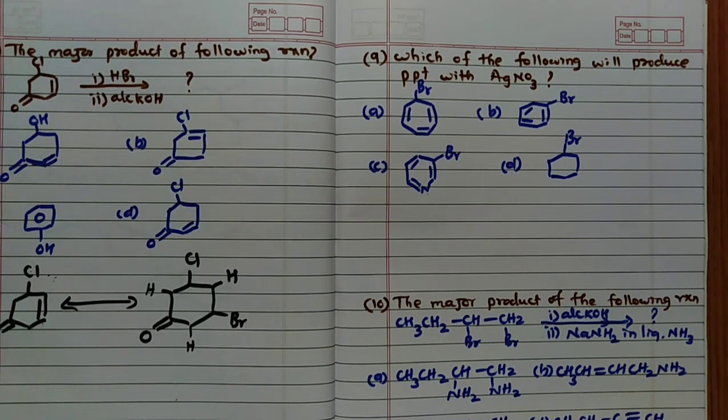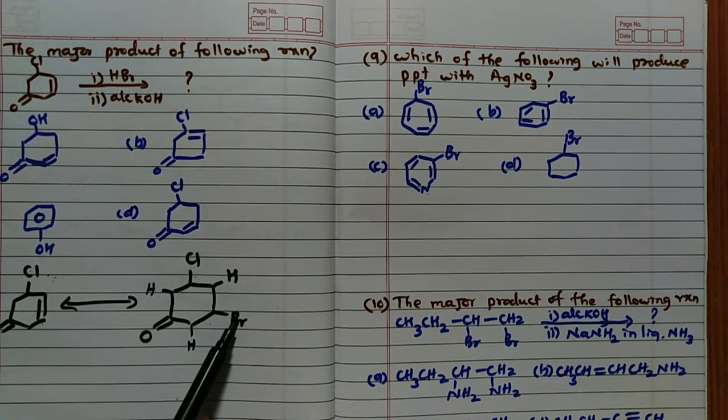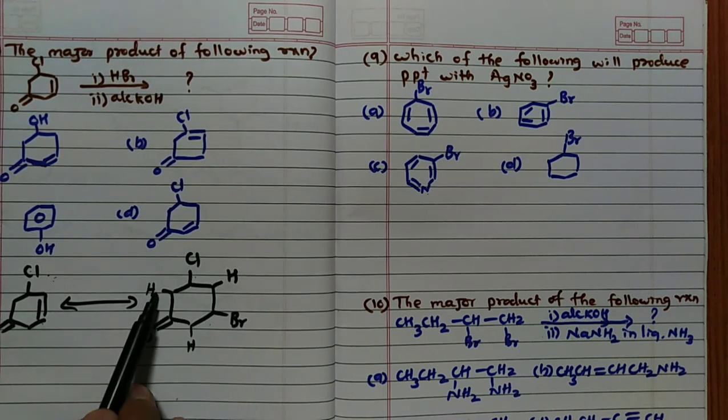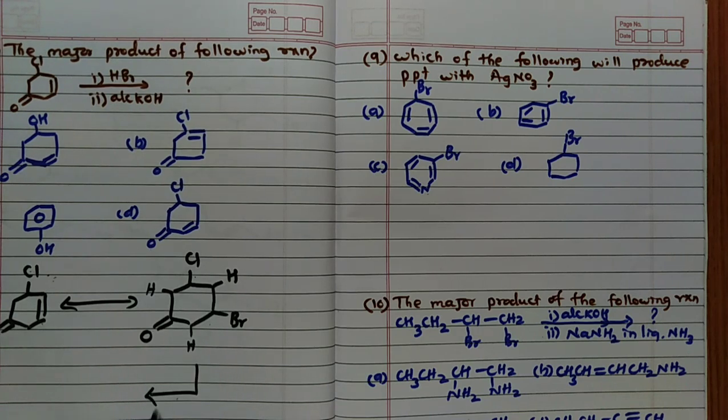You can remove any hydrogen here, because both hydrogens will be in conjugation with this double bond, and also this double bond and this double bond will be in conjugation. Because of that, in this case it's better that I remove this Br and this hydrogen, or this Cl and this hydrogen. See, alcoholic KOH.